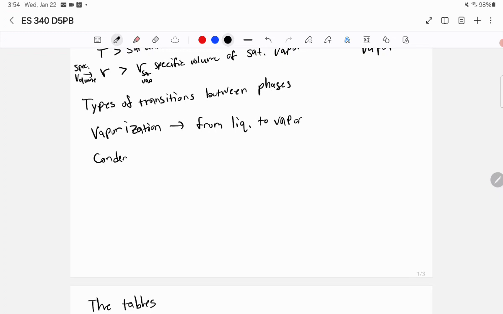Condensation, which is going from vapor to liquid. We have, of course, melting, which is going from solid to liquid.